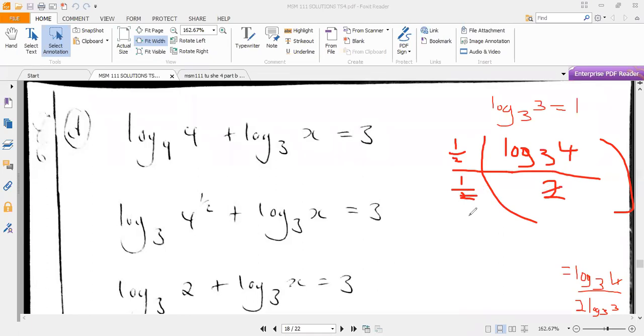So here we only remain with this guy here. So when these 2 cancel, we have something like 1 over 2 log base 3 of 4, isn't it?